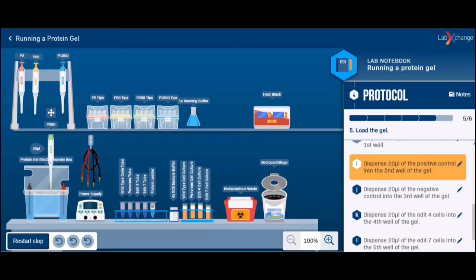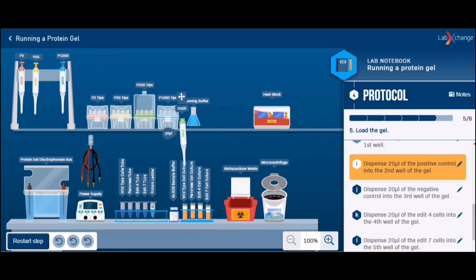Now we will dispense 20 µL of the positive control into the second well of the gel. Attach a new tip, eject the previous tip and attach a new tip. We will draw and dispense the positive control into the second well of the gel.